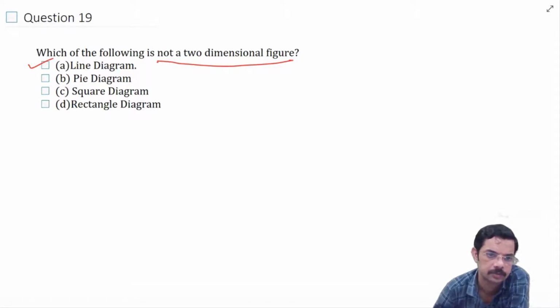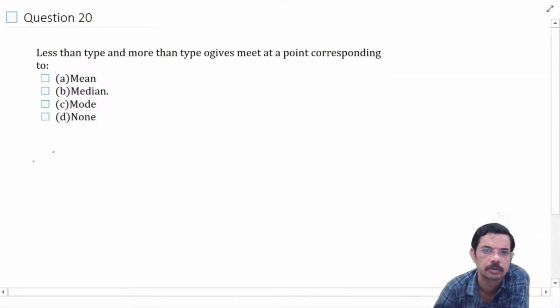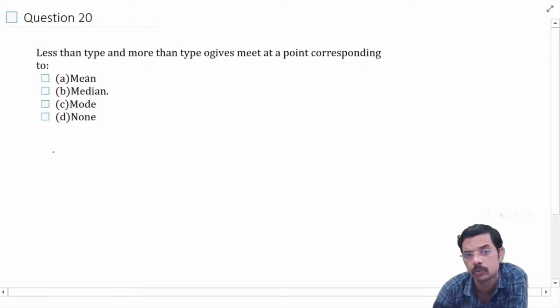Next, question number 20. In question number 20, what we have is: less than type and more than type Ogives meet at a point corresponding to which of the following.